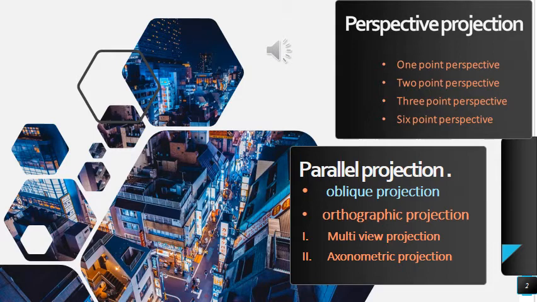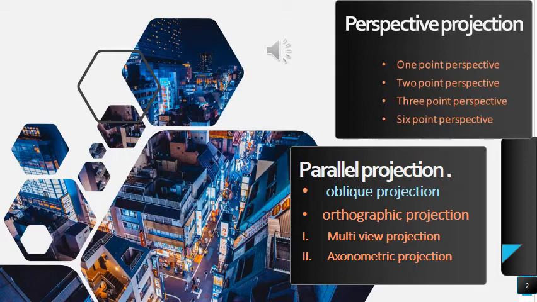After three point perspective, when we come to four point perspective, the realistic image of the object vanishes, and the roundness of the object becomes more highlighted. Up to three point perspective, the image is more realistic, and when we go for four, five or six point perspective, the image gets more and more round, and the end image is not as realistic as we can create in one, two or three point perspective.